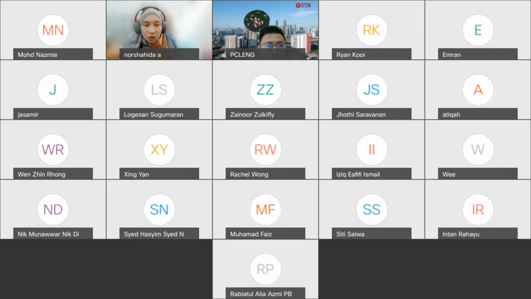Okay, so 2 ekar tu you convertkan kepada square feet, you times 6. So total GFA itu mestilah tidak melebihi daripada jumlah plot ratio yang ditetapkan.